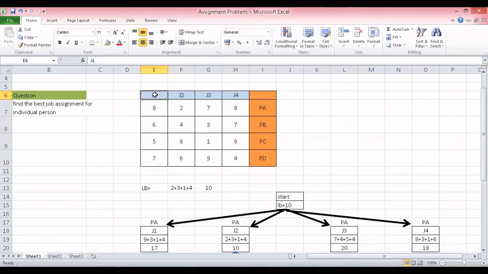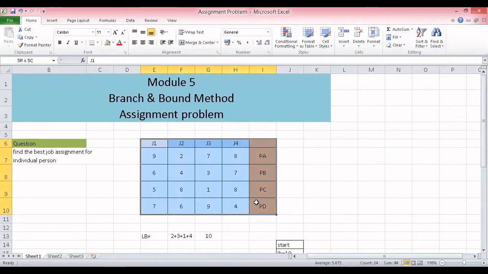In this problem, there are 4 jobs: J1, J2, J3, J4, and 4 persons: person A, person B, person C, and person D. This is the chart given to you.